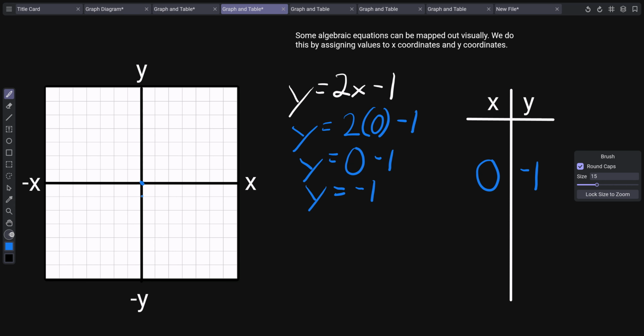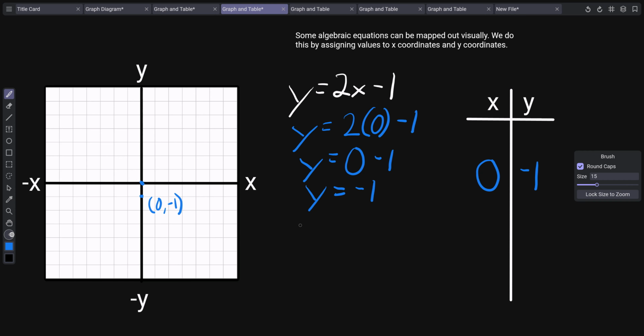We don't move left or right because x is 0. So we stop here. Well, this point is going to be 0, negative 1. That is the ordered pair that describes where that coordinate falls.